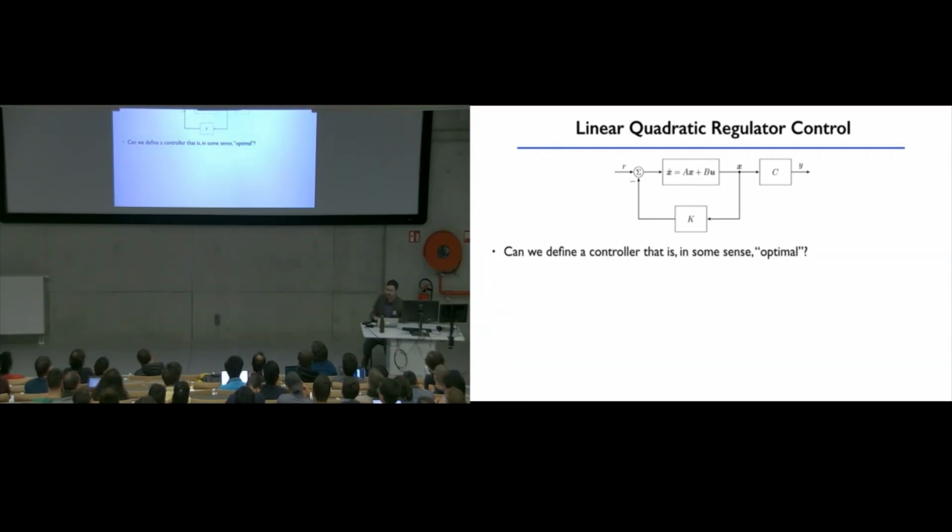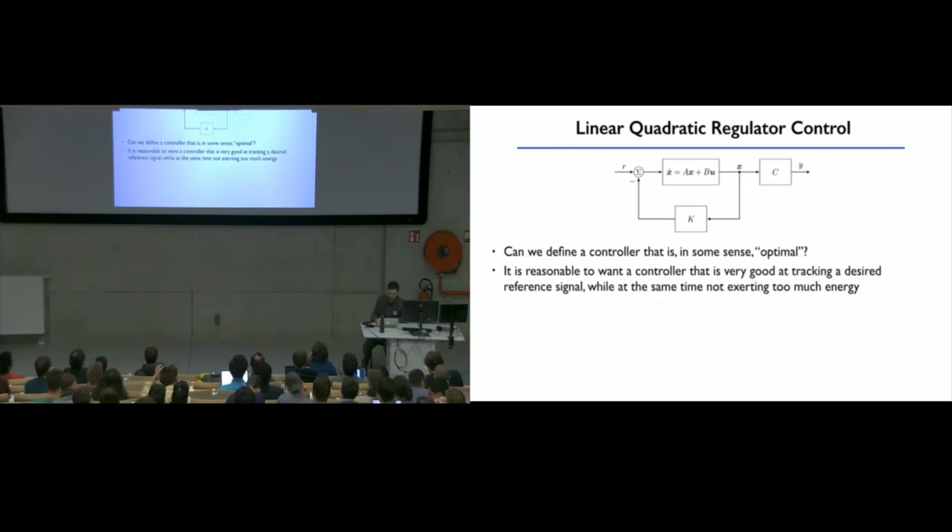So what might we mean by optimal? Well, perhaps we want a controller that's very good at making the output of our system whatever we want it to be. So that is tracking a desired reference signal, which what we've looked at so far just means driving our output to 0. Well, at the same time, not wanting to exert too much energy.